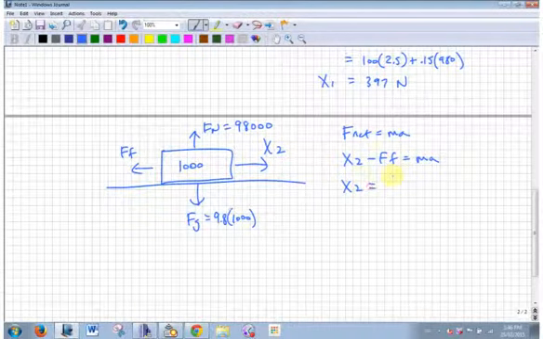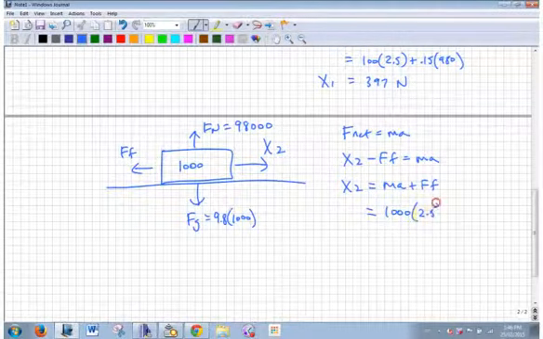So add Ff to both sides. Okay, m times a plus, what's the force of friction?